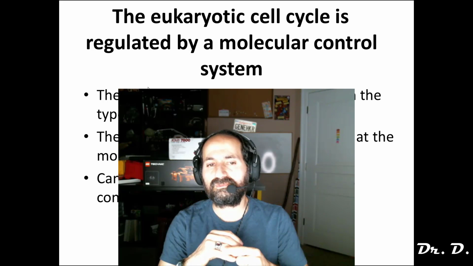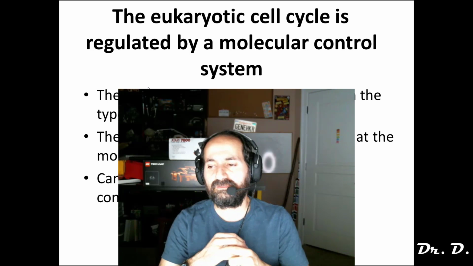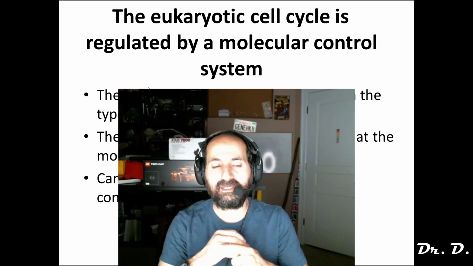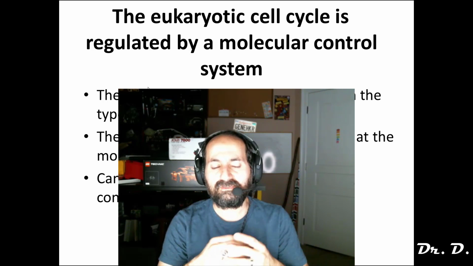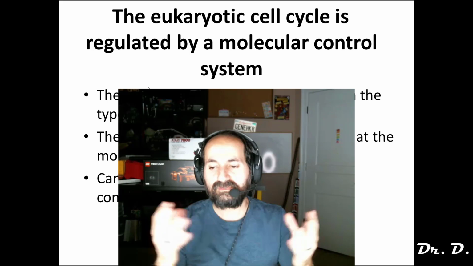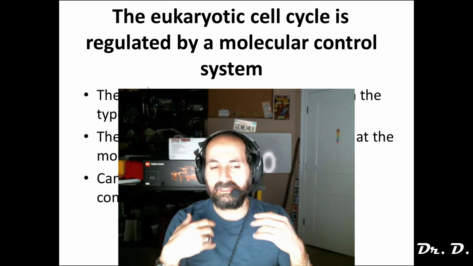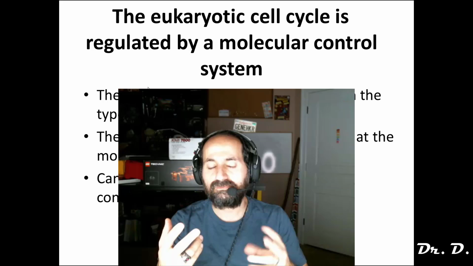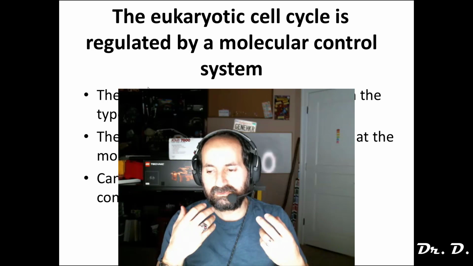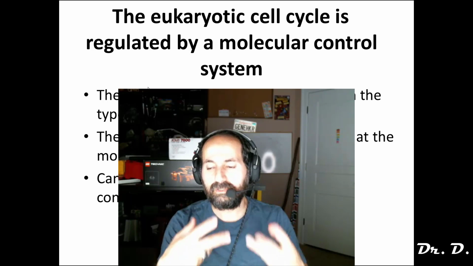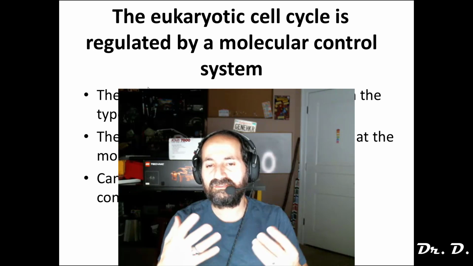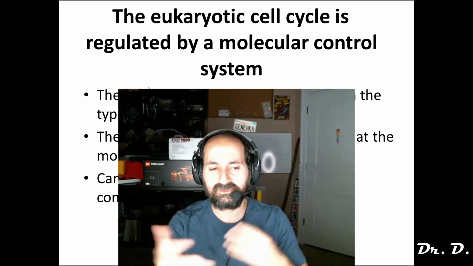And if you lose this regulation, if this becomes damaged in any way, that can result in cancer, which is basically loss of control of the cell cycle. Cells dividing far too frequently result in multiple cells where there shouldn't be. That's what a tumor is, and then tumors can metastasize, which means spread to other parts of the body.